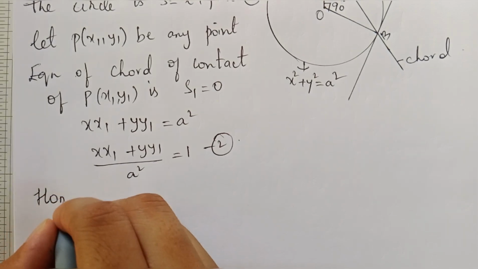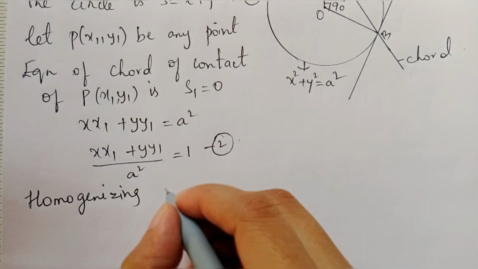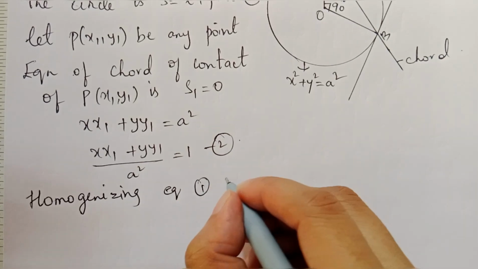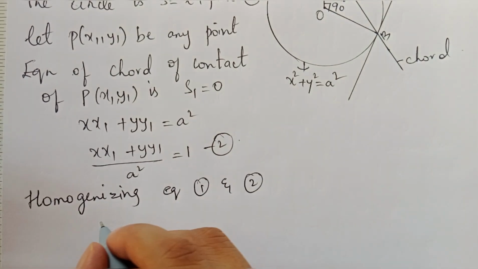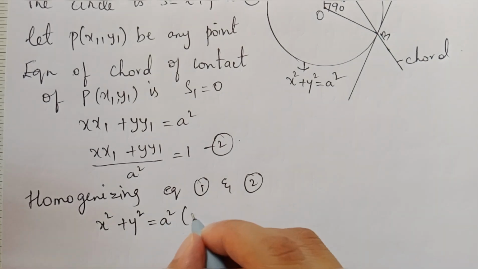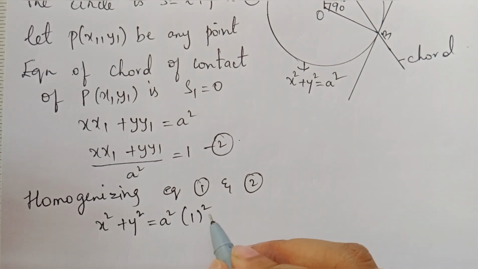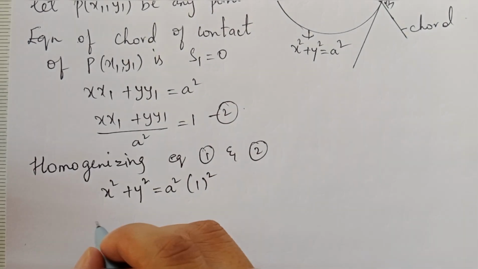So now homogenizing equations 1 and 2. We'll get x square plus y square equals a square into 1 square. For the constant term, we'll multiply with 1 square, right? So now substitute the value of 1.